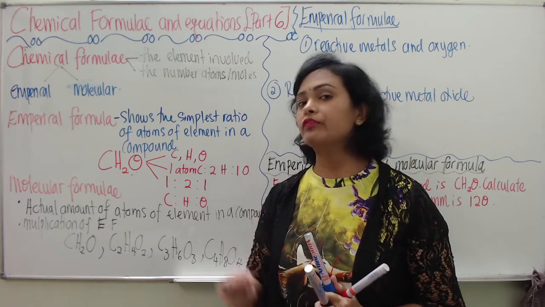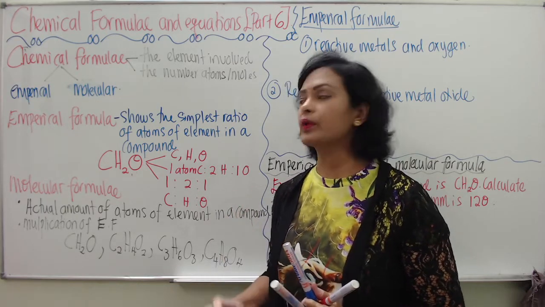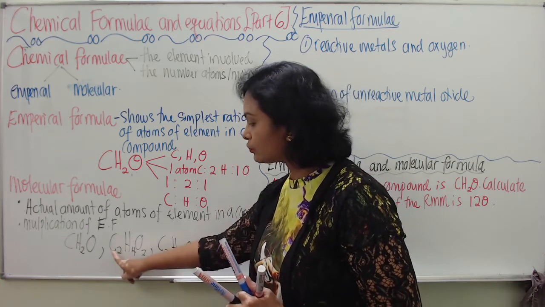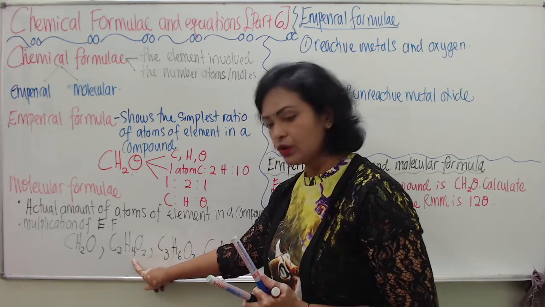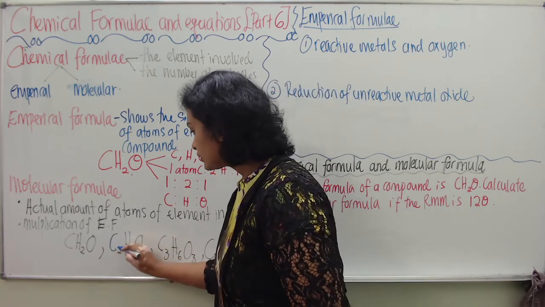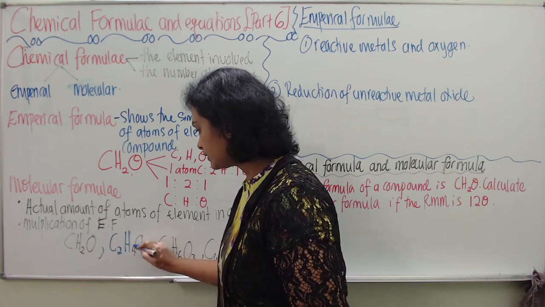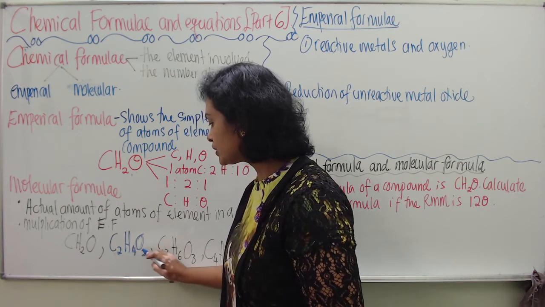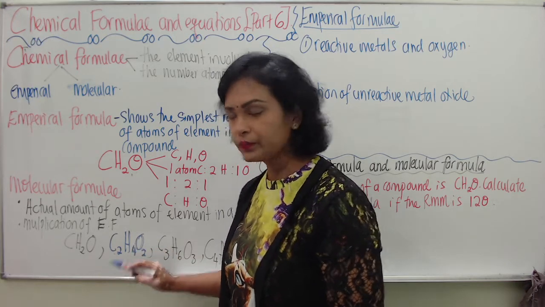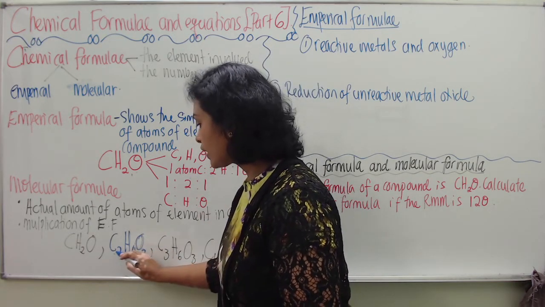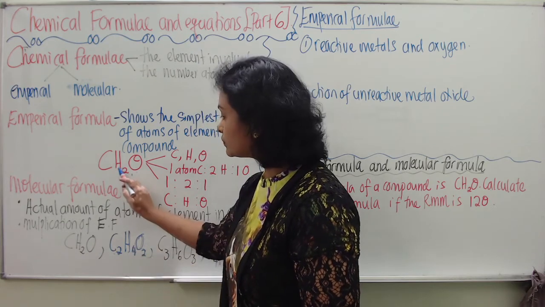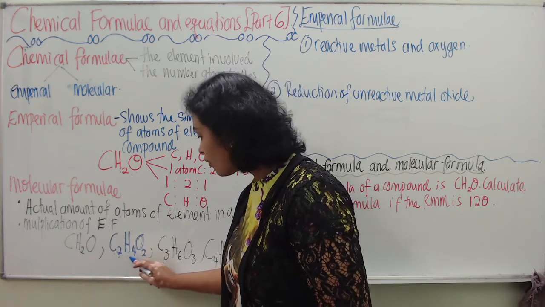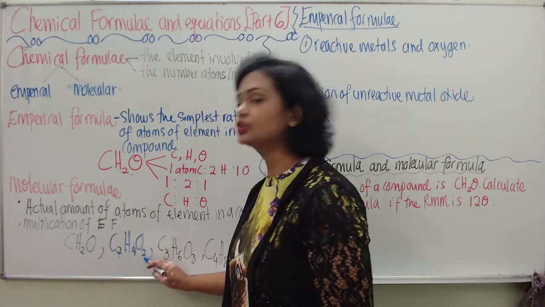The amount of information shown in a molecular formula is almost the same. For this molecular formula, we know that the elements carbon, hydrogen and oxygen are involved, with 2 carbon atoms, 4 hydrogen atoms and 2 oxygen atoms.